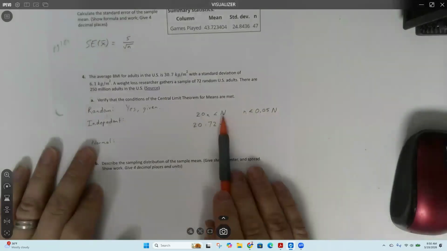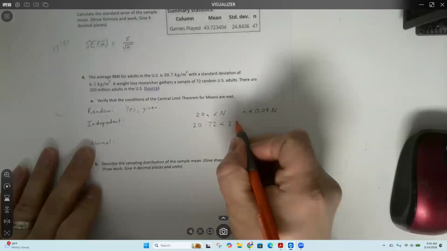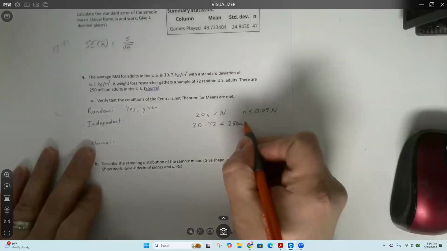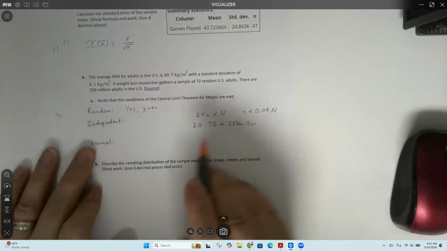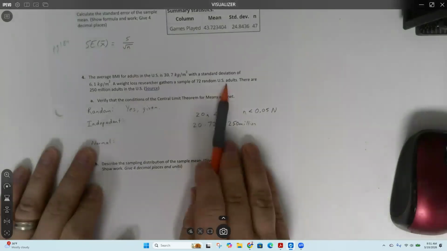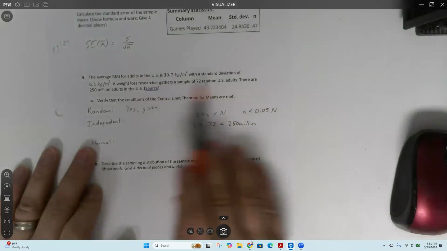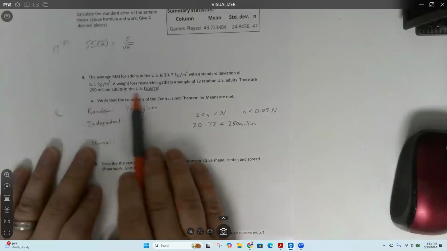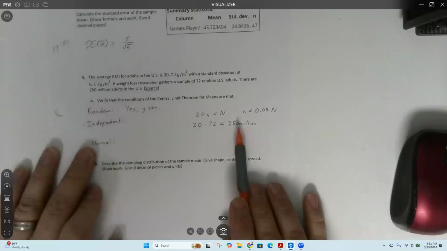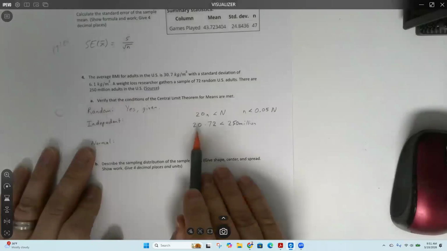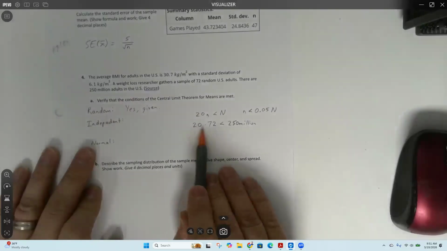What was the population size? 250 million. All right. Right. 72 random US adults. That's our sample size. All US adults would be 250 million. That's population size. In your calculator, please, 20 times 72.